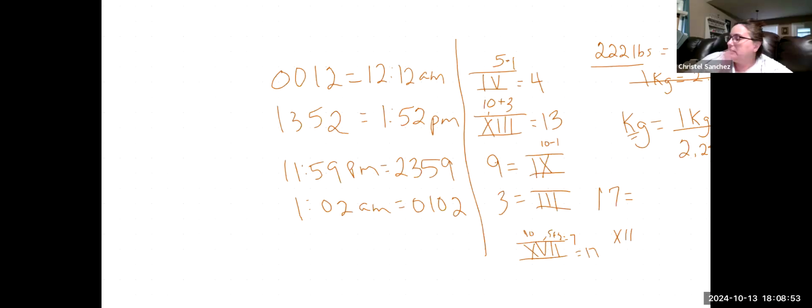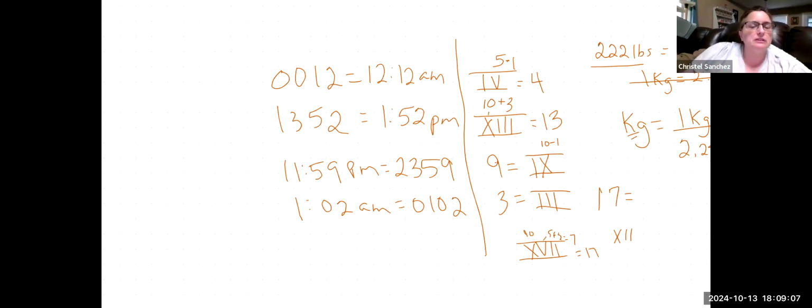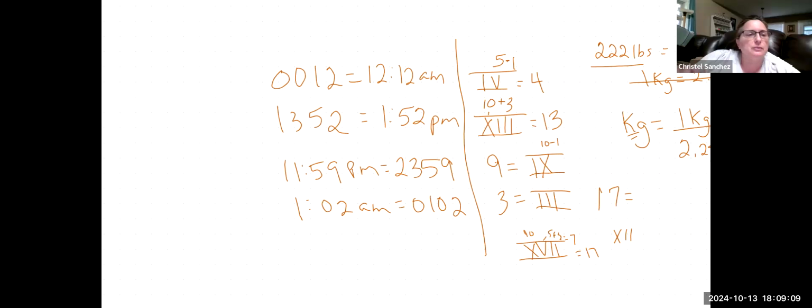In your calculations book, there's a page of information that talks about the Roman numerals. It tells you there's a little saying to memorize what each of the letters mean, the X, the V, the M, the C. The other thing in there is the rules: how do you know to put the line before, how do you know to put the lines after, how do you know what order to put them in?